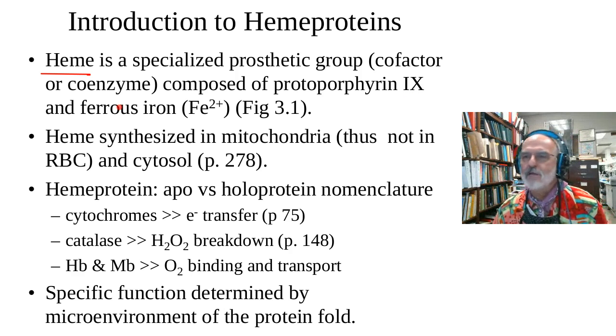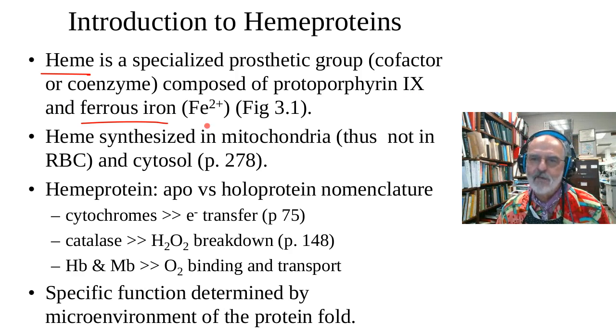And protoporphyrin 9 also has a bound iron. Functionally, the iron is in the ferrous or +2 state to effectively bind oxygen. Okay. The heme is synthesized in the mitochondria, and then it's transported in the cytosol, and thus it's transported to the red blood cell after its successful synthesis.